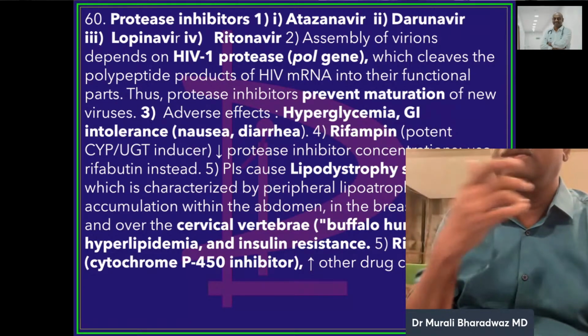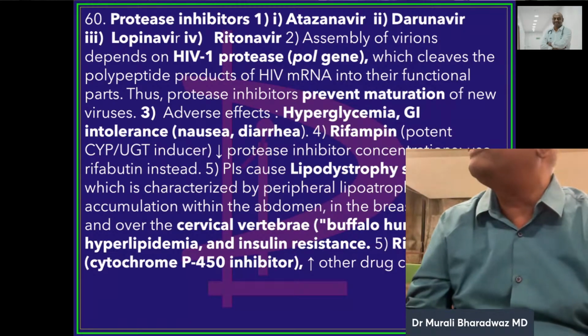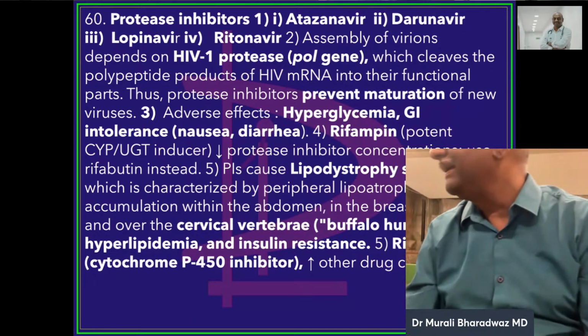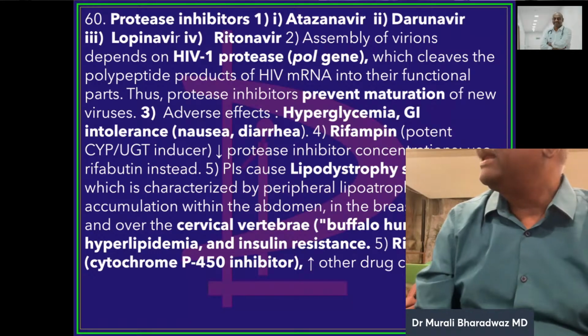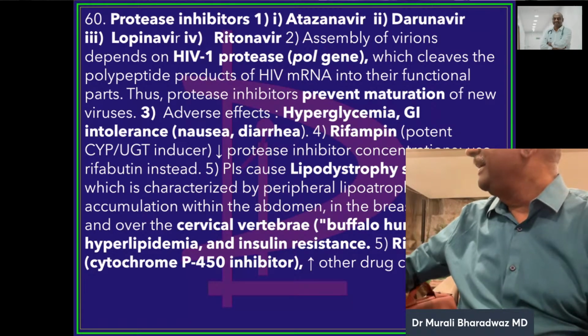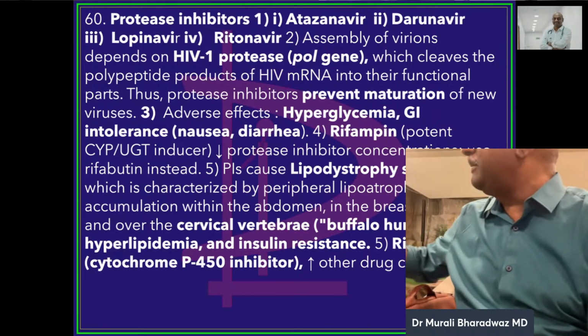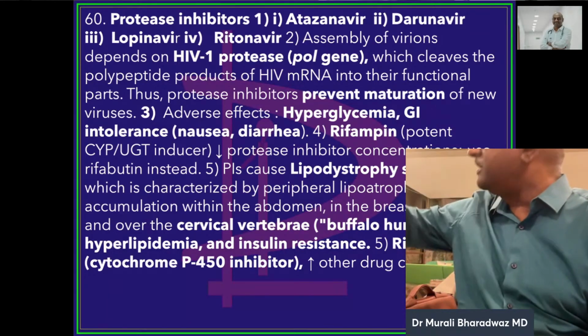Ritonavir among these is also a cytochrome P450 inhibitor. So what happens? If you add it with other drugs, it inhibits P450 and prevents the other drugs' metabolism and increases their drug concentrations and drug toxicity.